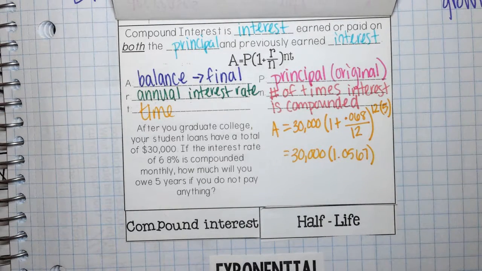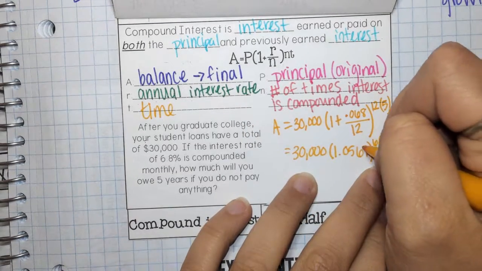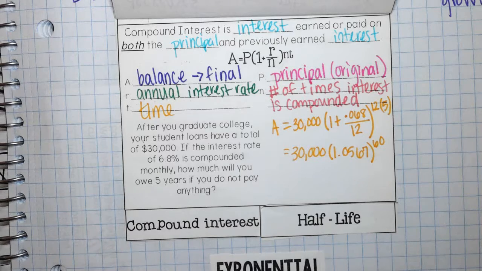Reggie, can you use your calculator and tell me what 12 times 5 is? 60. How are you going to plug this into your calculator? 1.0567 caret 60. Do that, and then multiply it by 30,000. What's the final answer?